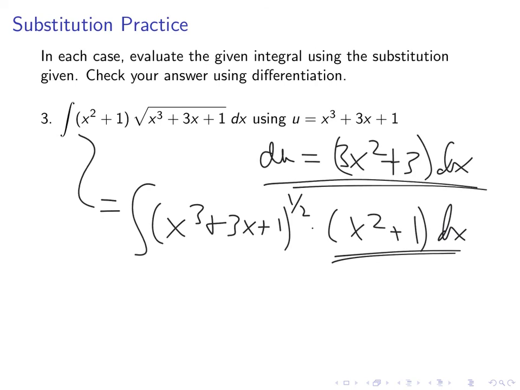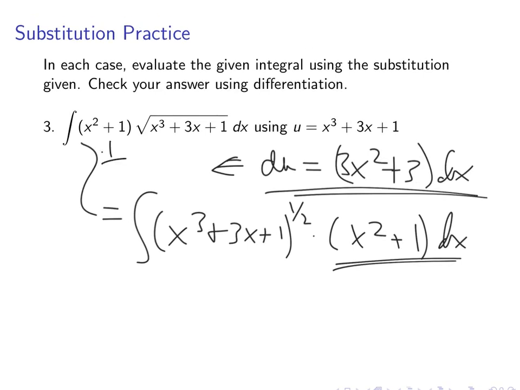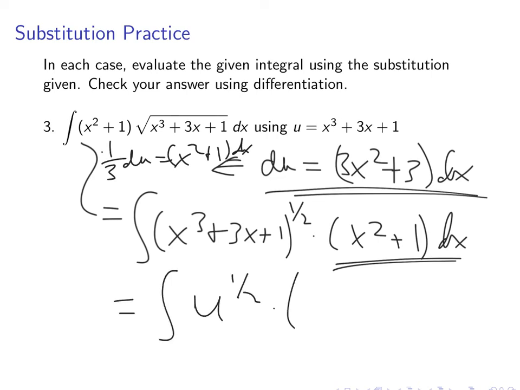So it's not quite as obvious as some of the other ones, but if you notice, in this expression, if we were to divide both sides by 3, I'll have 1/3 du equals x squared plus 1 dx, which is exactly what I want. So in this integral, I'll have u to the 1/2 power times 1/3 du. Once again, 1/3 comes out in front, so it gets out of our way, and I end up with just the integral of u to the 1/2.